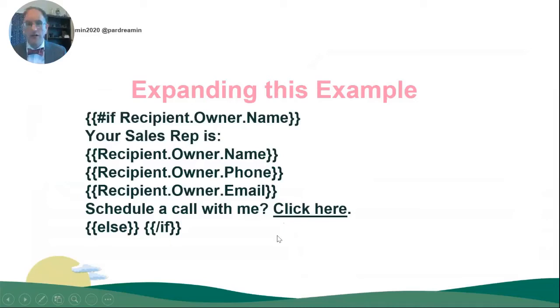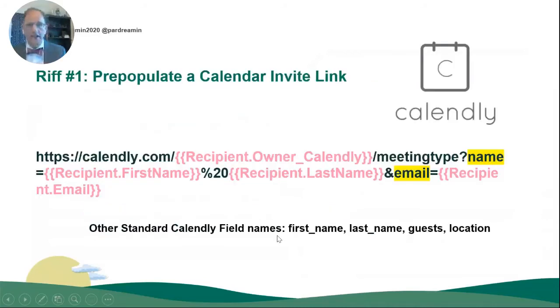Well, Calendly in particular will accept a URL parameter link, which allows you to pass to Calendly a whole bunch of different parameters that pre-fills all of the fields in your Calendly appointment. So all they have to do is pick a time, and then everything else is filled out for them.